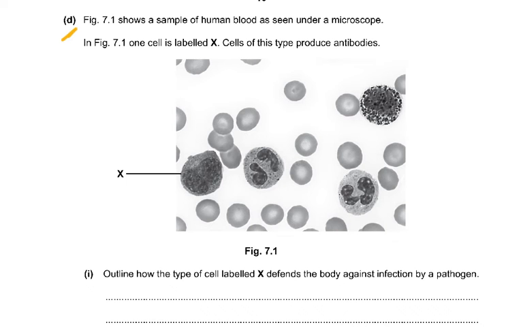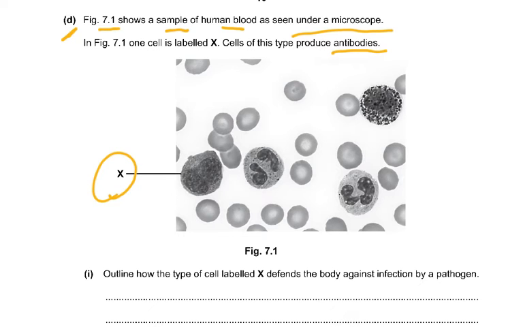Then coming to part D of the question 7, figure 7.1 shows a sample of human blood as seen under the microscope. Again, if you remember the syllabus, micrographs, you've got to know the cells as they look under the micrograph. In figure 7.1, a cell is labeled X. Cells of this type produce antibodies. So they've given you this information that they produce antibodies.